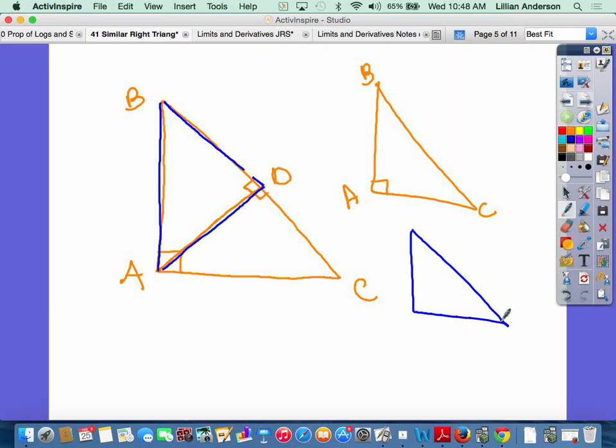What's my right angle? In the blue one? D. Okay? And now the question becomes, BD in the blue triangle matches up to what side in the orange triangle? BC. In the orange triangle? BC represents the hypotenuse of the big triangle.